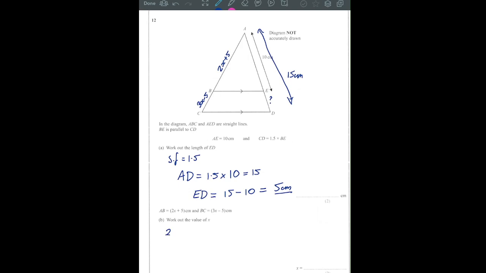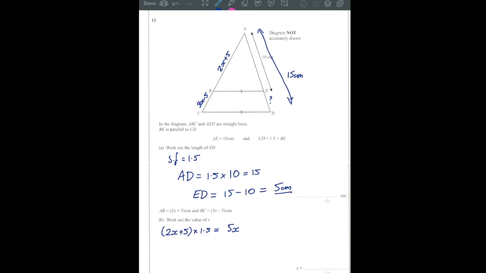If I take the smaller side and I multiply that by the scale factor, I get the long side. Now be careful, the long side is not 3x minus 5. The long side is both of them together. So the long side, if I add those two together, it's actually going to be 5x. The 3x and the 2x, and then the minus 5 and plus 5 cancel each other out.